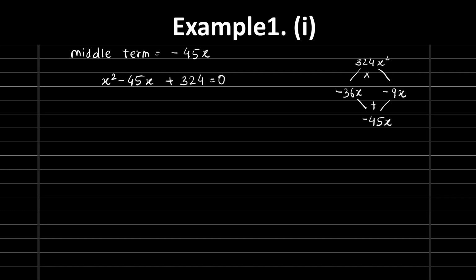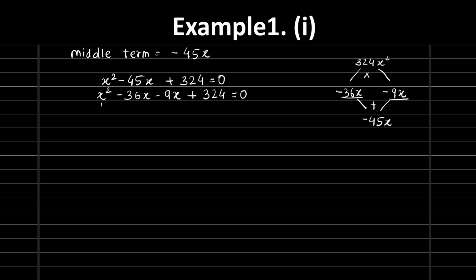So we split the middle term using these two terms: X square minus 36X minus 9X plus 324 equal to 0.